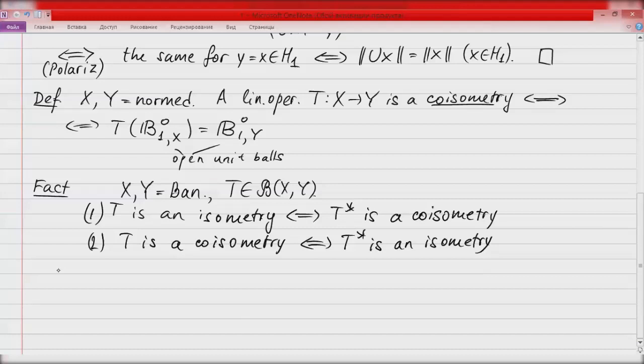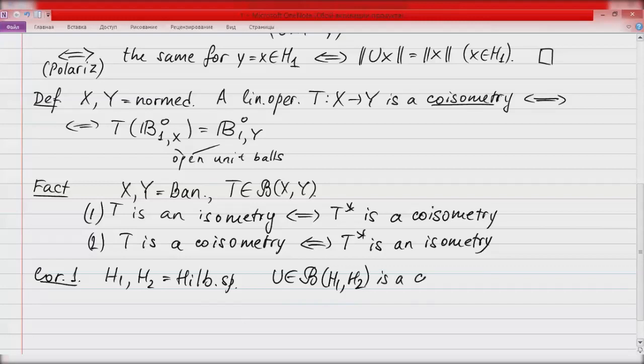So now if we combine this with the previous characterization of isometries, we get the following corollary. Corollary 1. If we have two Hilbert spaces H1 and H2, then a bounded operator U from H1 to H2 is a co-isometry if and only if U U star is the identity map of H2.